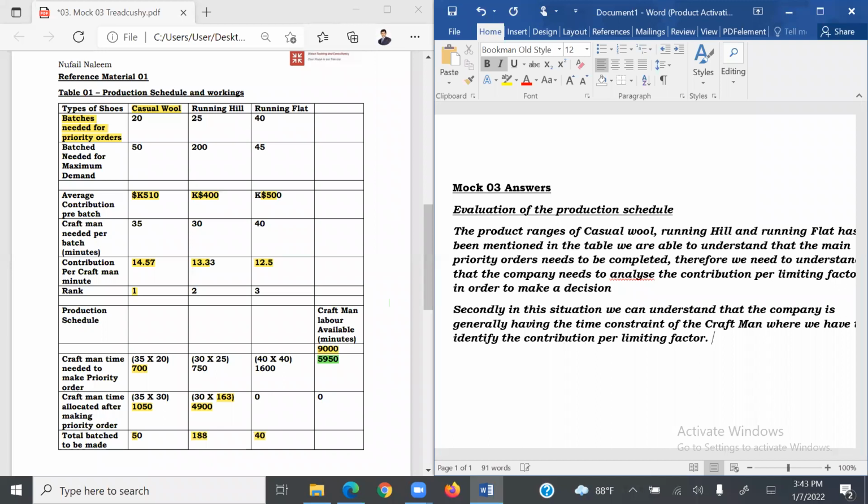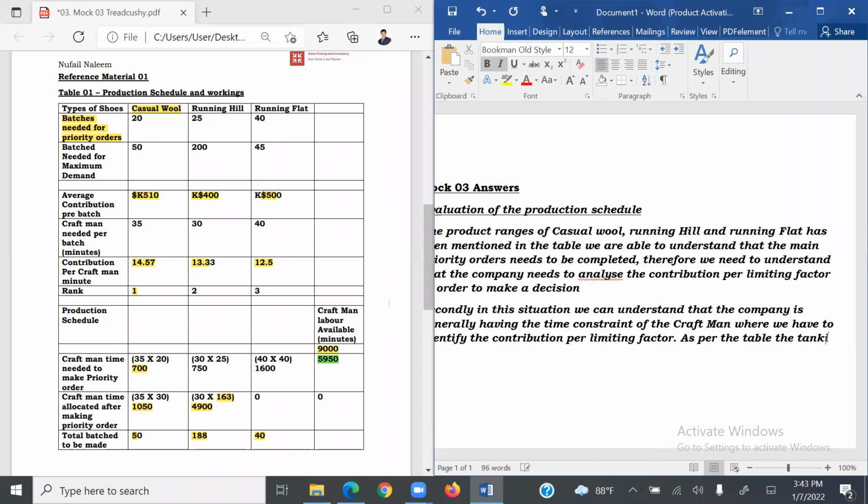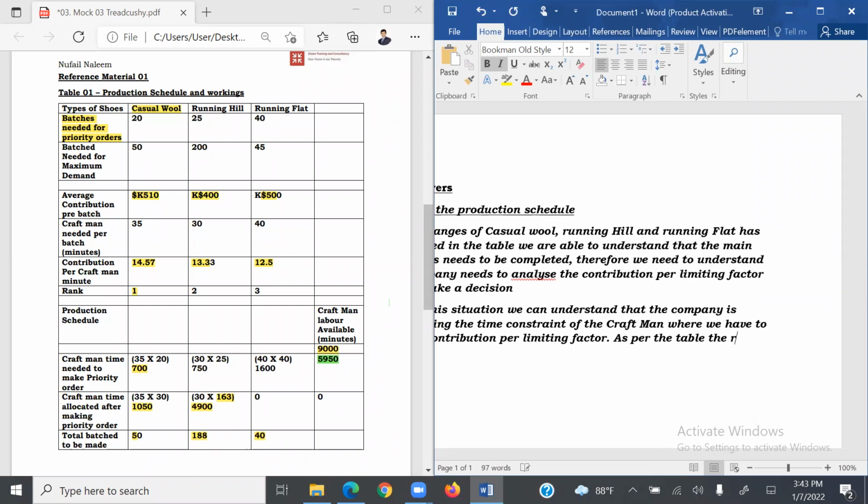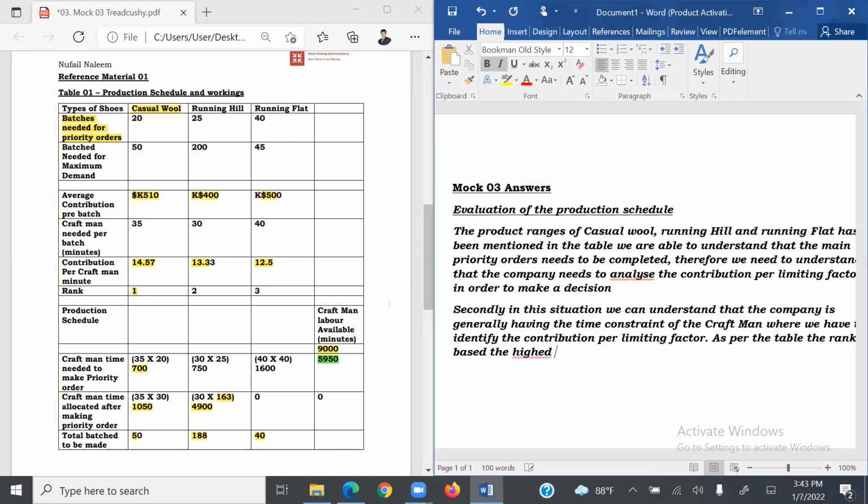As per the table, the rankings are based on the highest contribution per limiting factor. I believe that is also very clear.